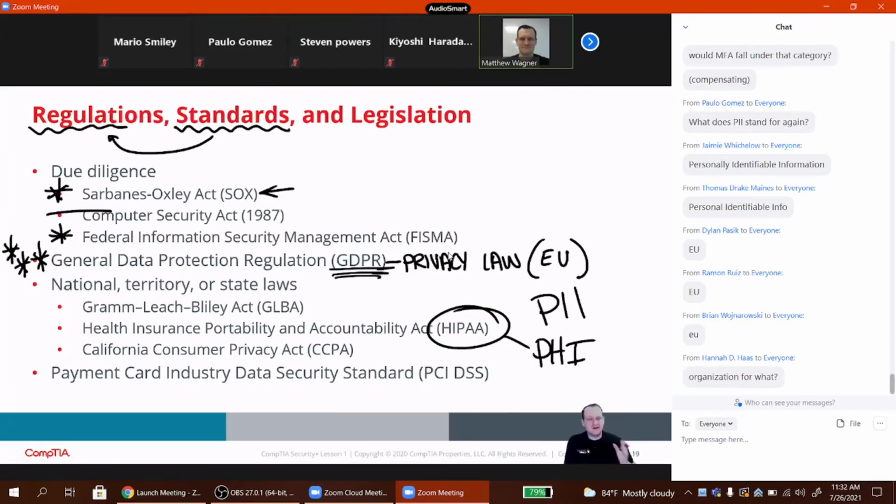And again, it's things like date of birth, hair color, all things that identify you as a person, your phone number. PHI is personal health information or protected health information, again, depending on who you talk to. And ultimately, PHI is your medical records. And that's what HIPAA is all about, protecting.